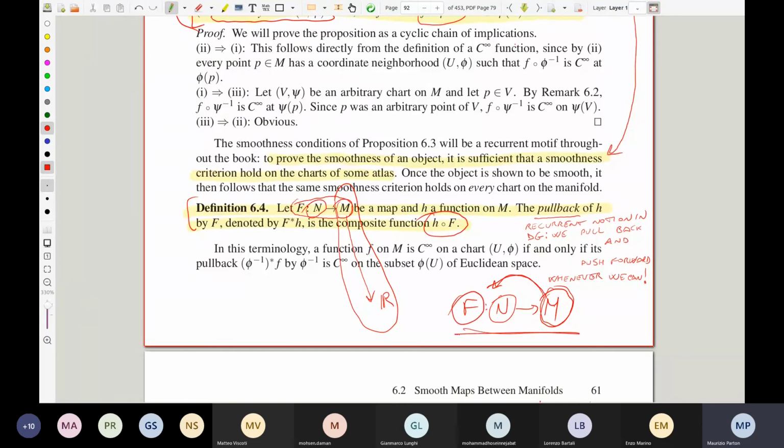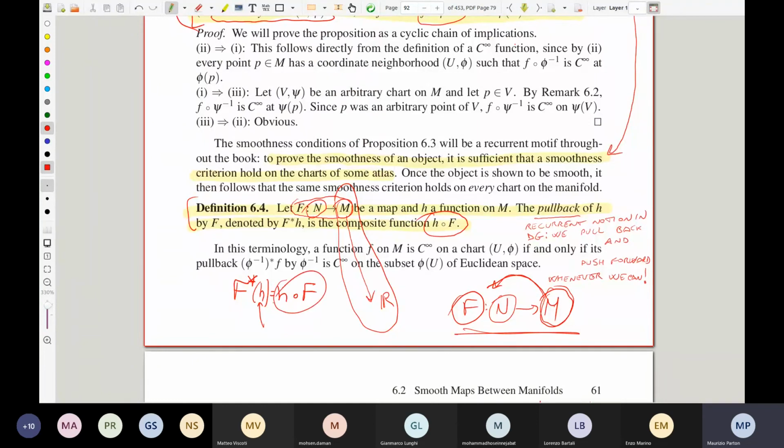So this simple notion of composing this function is called the pullback, and you usually use this symbol. Think about a general construction that you try to do whenever you can. You have an object, in this case a function, so the pullback is just a composition.